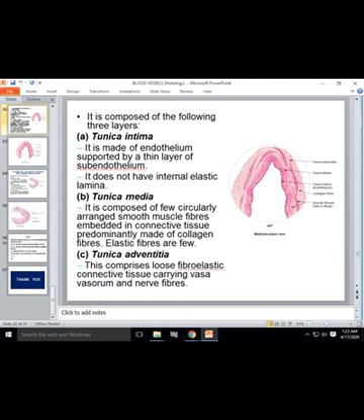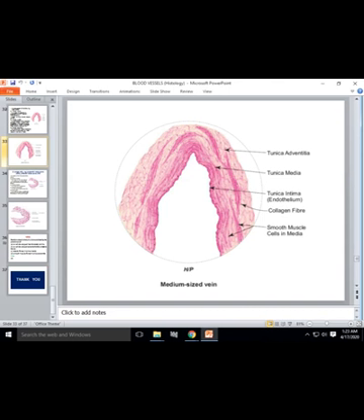Elastic fibers are few. Then the outer layer, tunica adventitia, is loose fibroelastic connective tissue which carries vasa vasorum and nerve fibers. This is a high power picture of the medium-sized vein.